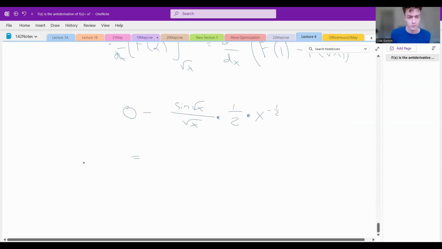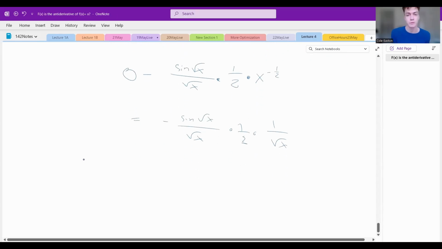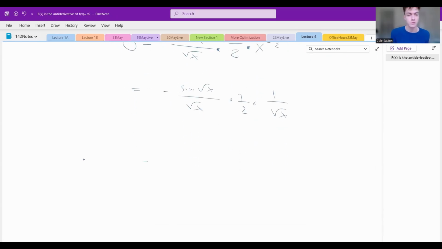So let's rewrite this a little bit as a negative sine root x over root x times 1/2 times 1 over root x. And now I have 2 root x's in the denominator, so I can multiply those together and get an x. And so this is going to give me negative sine of root x over 2x.